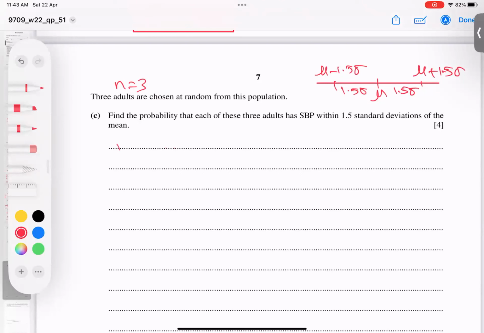So how can we do it? Let's start. Mu plus 1.5 deviations. Sometimes we say 1 deviation, so we write 1 here. Sometimes we say 2 deviations, so we write 2 here. Here I'm writing mean minus 1.5 deviations. I hope this point is very clear, and now we are going to solve it.